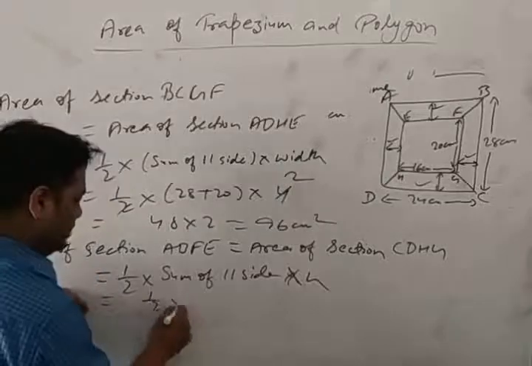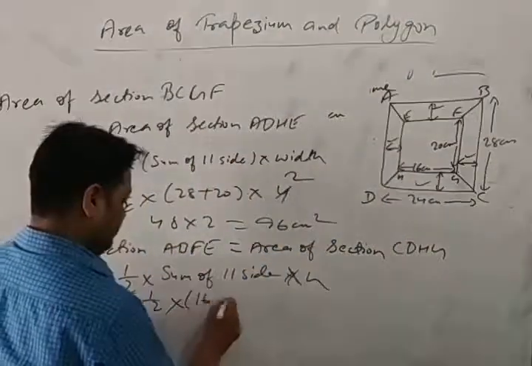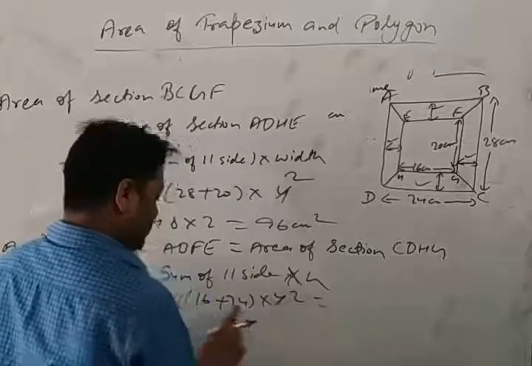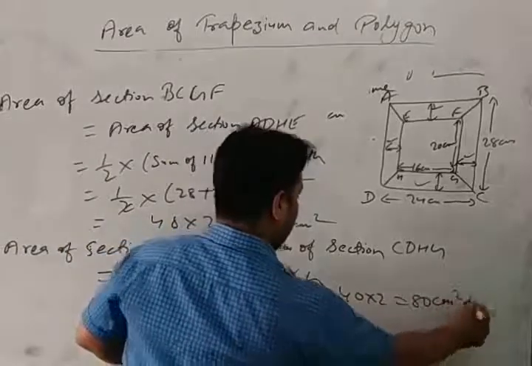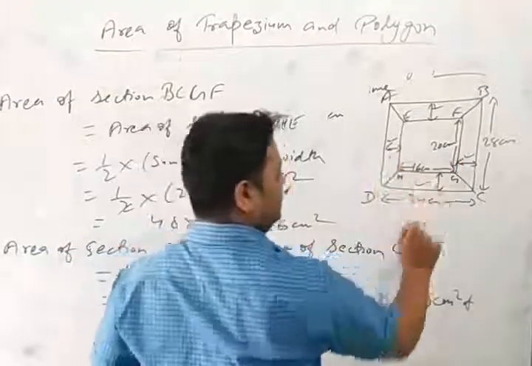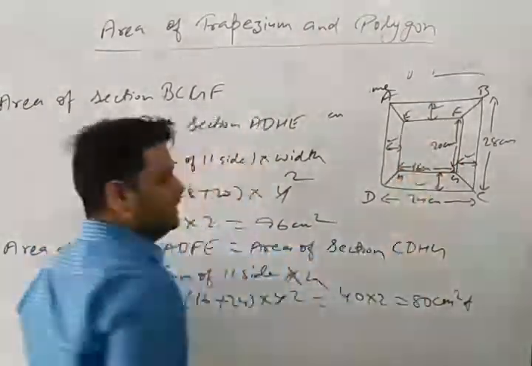Now in this case the parallel sides are 16 and 24, and into 4 again, so it will be 40 into 2, that is 80 centimeter square. So we can say that the area of this and this section is both 96 centimeter square, and this section is 80 centimeter square.